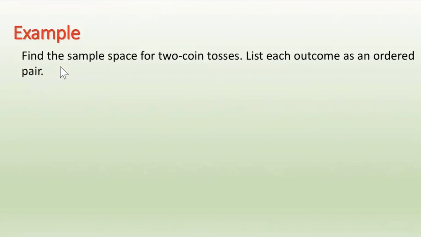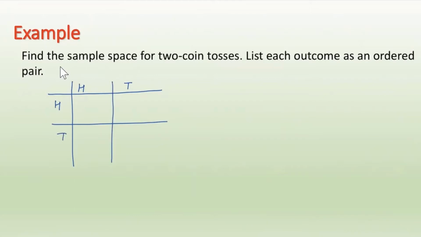When you toss the first coin, you may get a head or a tail, and on the second coin, you may get a head or a tail. So if you want to write all possible outcomes, the first one is head and head.